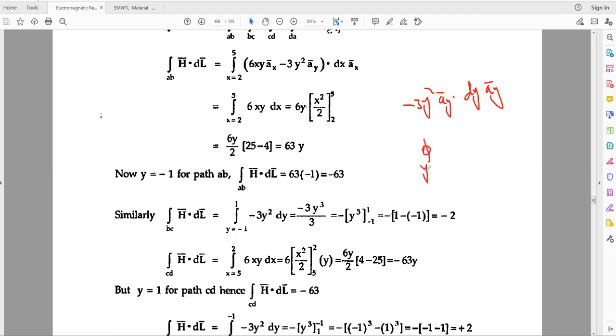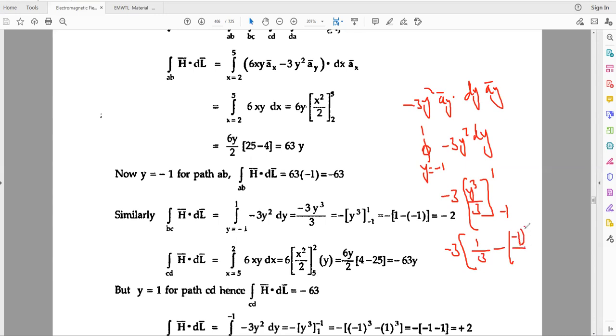So the integral from y is equal to minus 1 to 1 of minus 3y square dy. So minus 3y cube by 3, upper limit is 1 and the lower limit is minus 1. So minus 3 into 1 cube by 3, minus of minus 1 cube by 3.